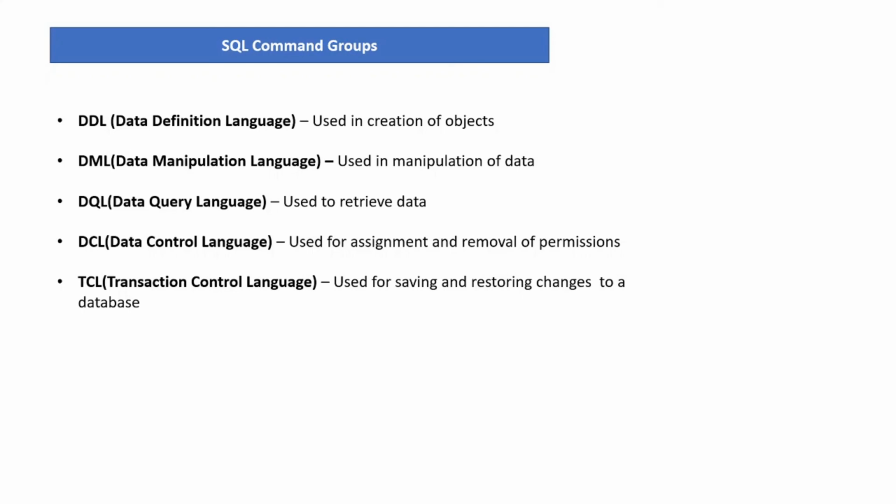Then is the Data Control Language, which is used for the assignment and removal of permissions. Now what permissions are these? These are the permissions to access and modify the data. Then comes the TCL, that is Transaction Control Language, which is used for saving and restoring the changes to a database.